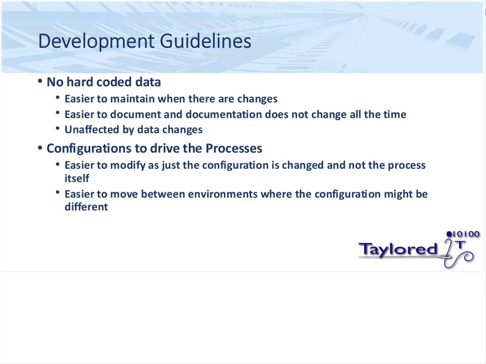The environment specific would be things like server names or URLs for web services, which you don't want to migrate from dev into test because they're different. But your generic configurations, you do want to migrate across. So you want to separate those out.